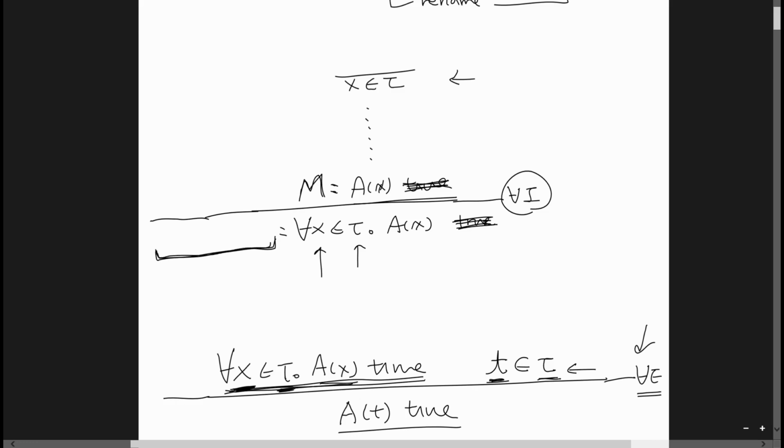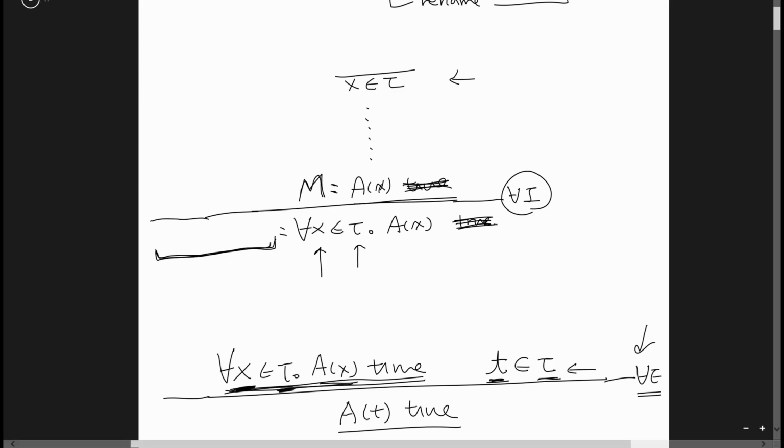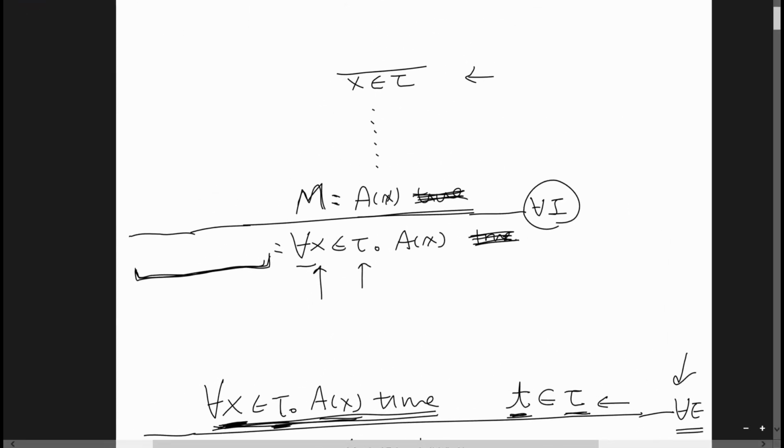So we decided to reuse the same lambda abstraction as the proof term for this universal quantification. So now we have lambda x of data type tau, and the body of this lambda abstraction is going to be m. So now we lose nothing.